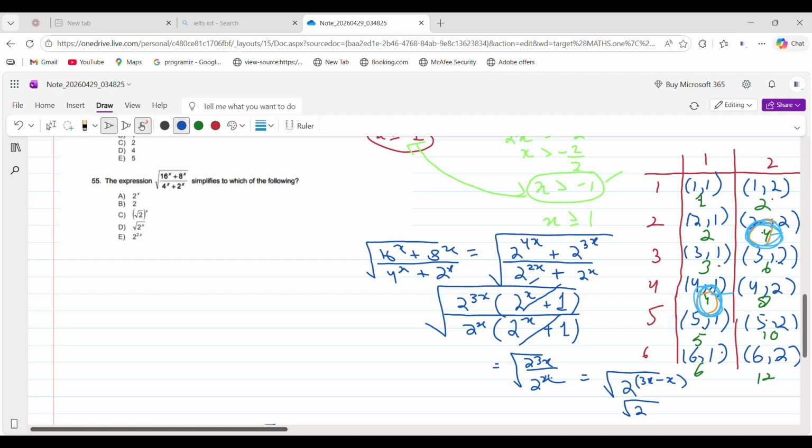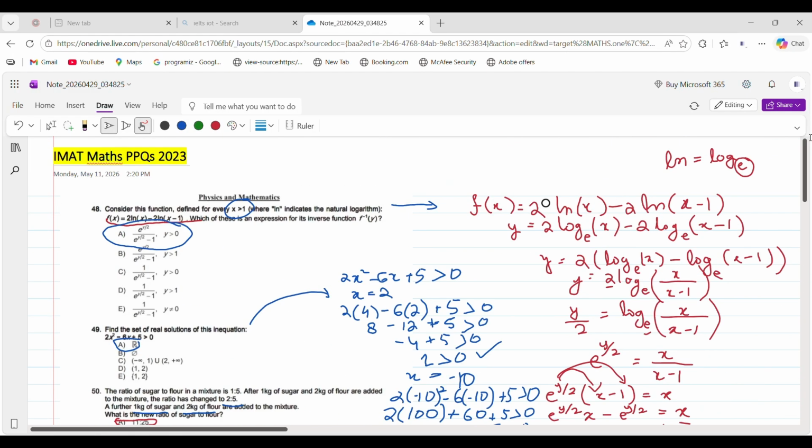So under root 2 power 2x. Under root is cancelled with this square, and you are only left with 2 power x. So after simplifying this entire equation, we got our answer, which is 2 power x. So basically we are done with all the questions of mathematics.